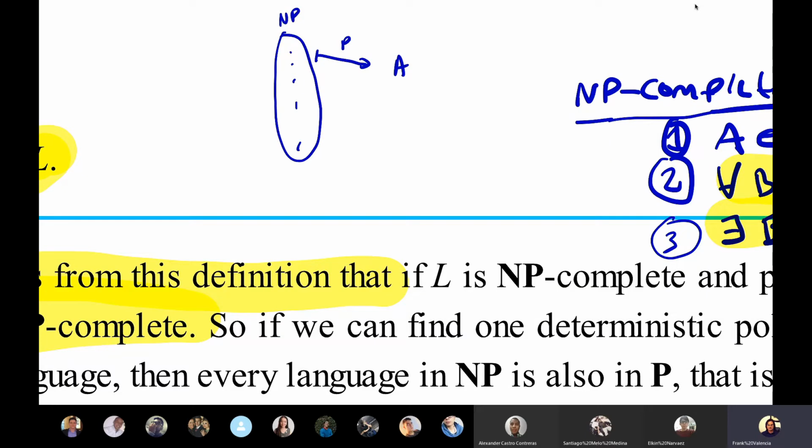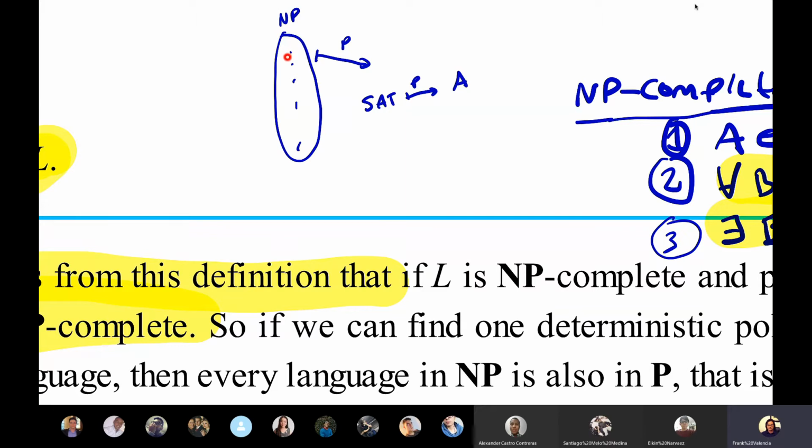And that's hard. But you know that SAT can be reduced to A in polynomial time. Then what do you need to do to prove that this problem here can also be reduced in polynomial time to A?